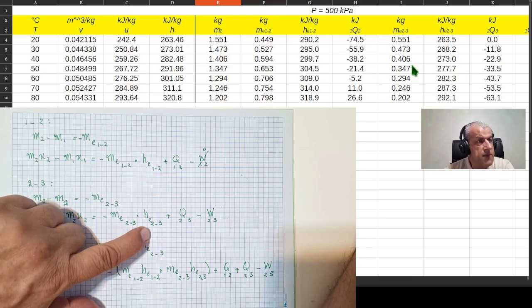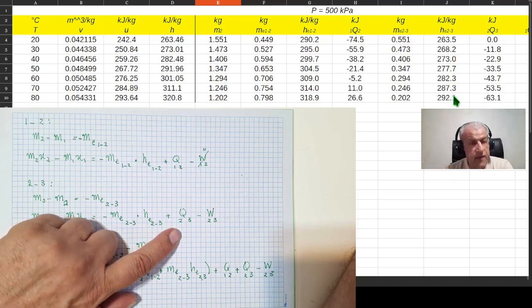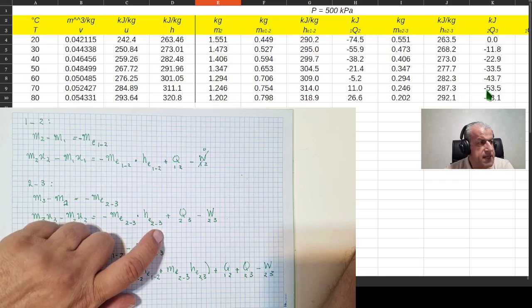So we just add them, divide by 2, and it would be this column. Inserting into this equation with the knowledge of W23 to be minus 11.6, the outcome would be Q23, which varies for different intermediate temperatures.